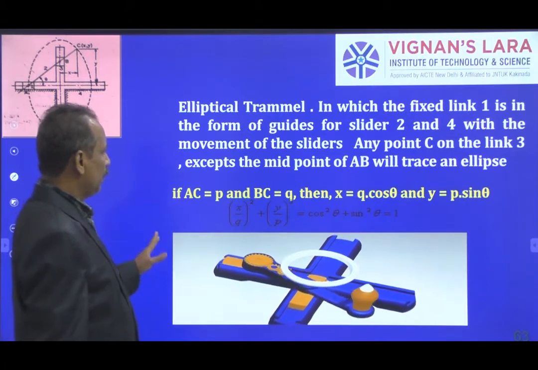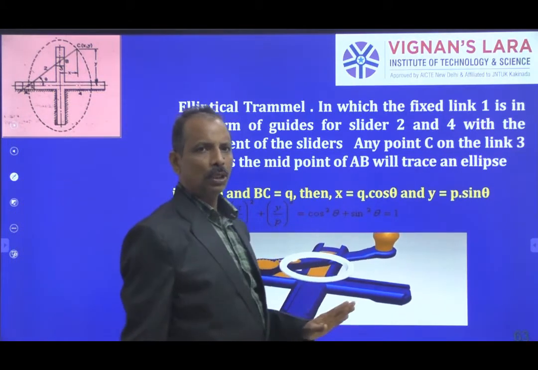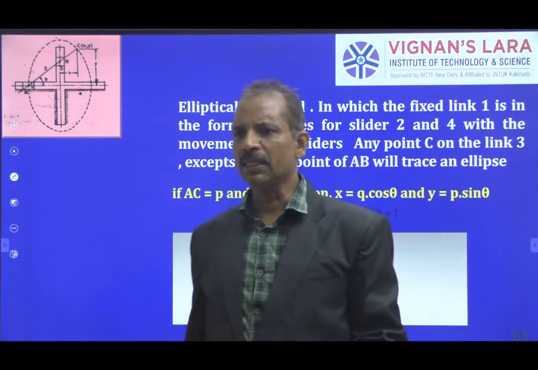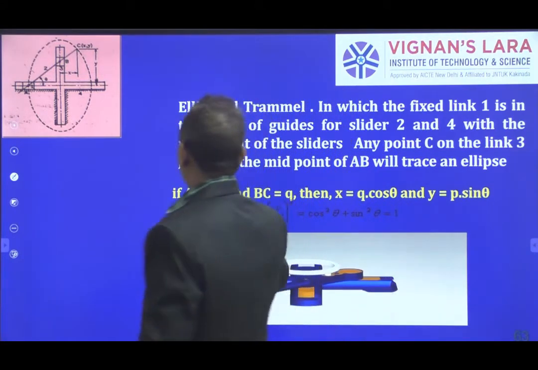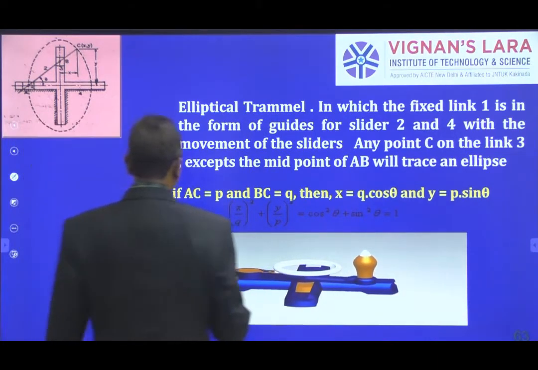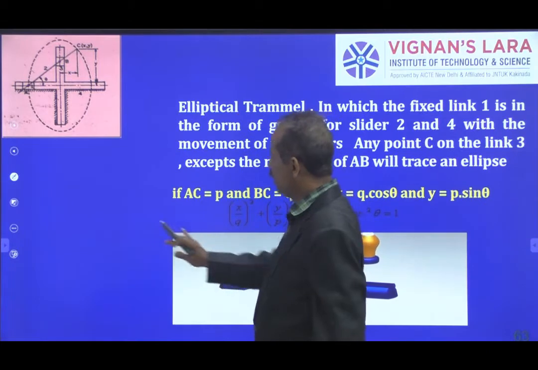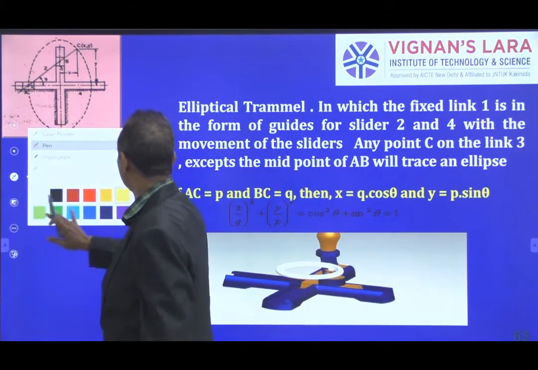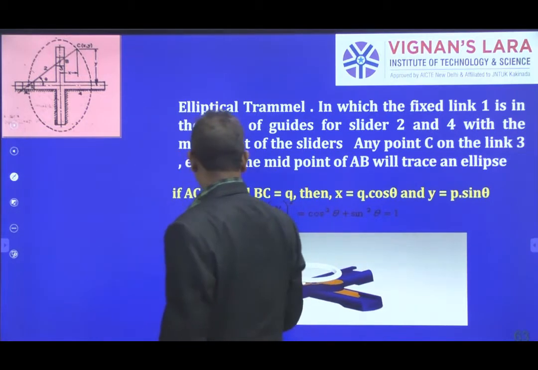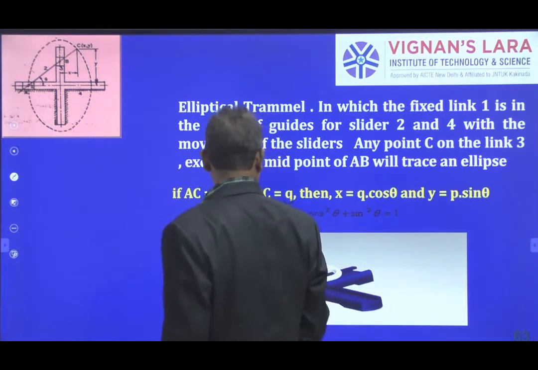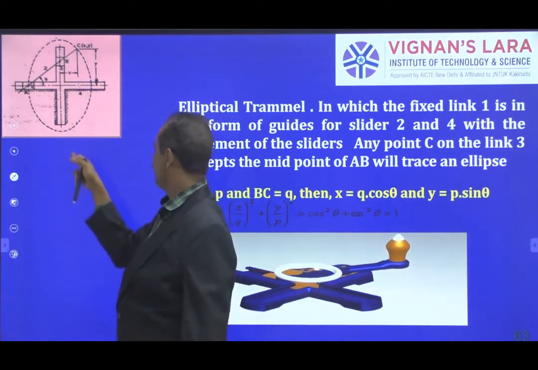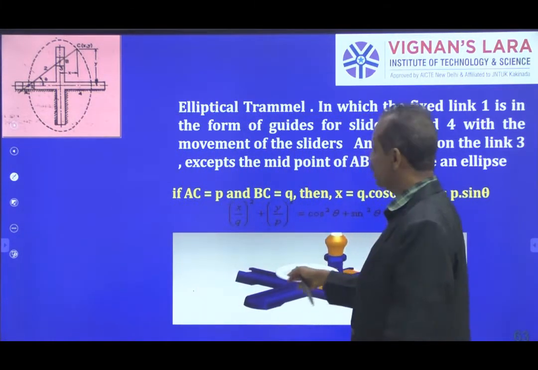So here, what do we get as the output, and what is the objective of this mechanism? Let us see by mathematical proof. Here you can see a cross like this, which is identical to this.